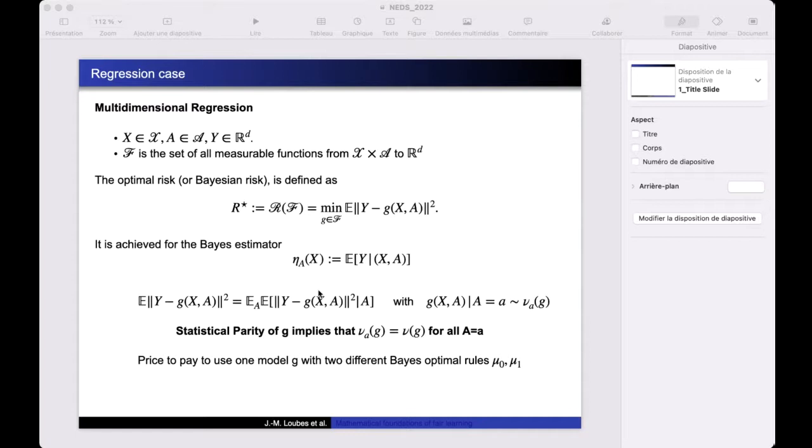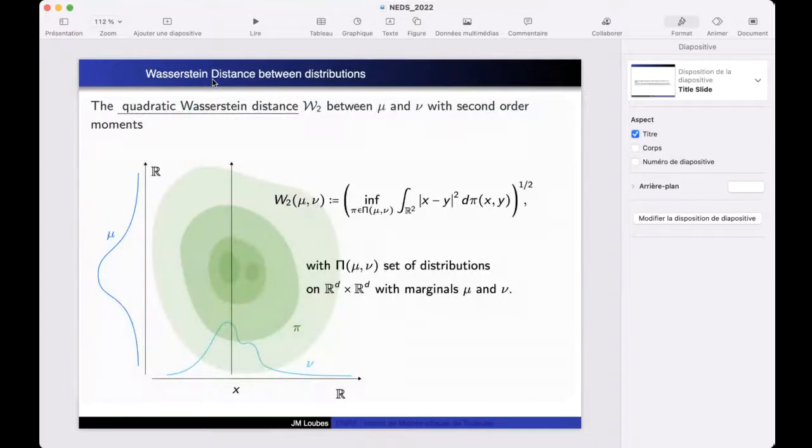So to go further, I need to introduce a way of measuring the distance between two probabilities. And that's exactly what is achieved by an optimal transport distance, which is called the Wasserstein distance.